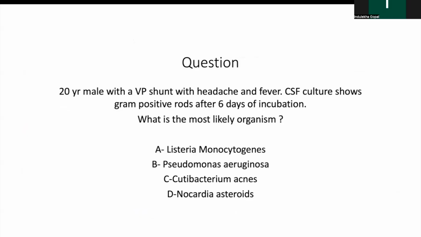The answer here is C, Cutibacterium. There has been an association with VP shunt. That's one factor. The second clue in this is gram-positive rod that grew after 6 days of incubation. So it takes time to grow.